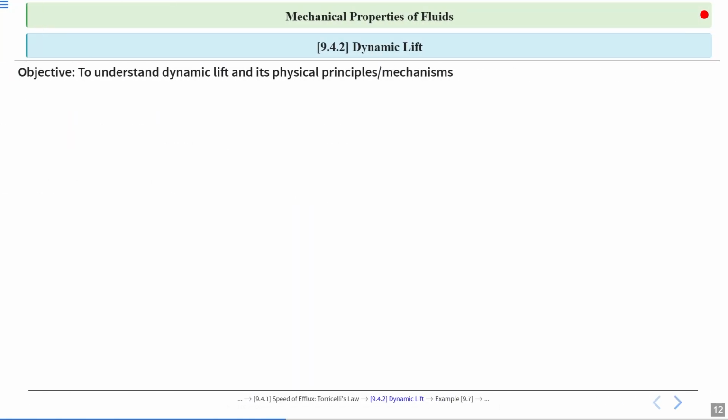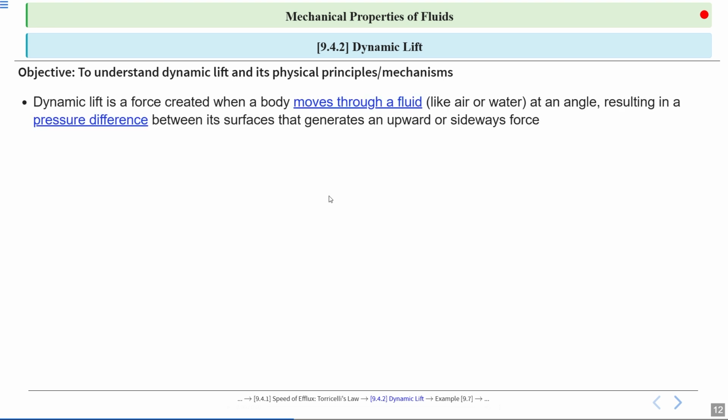Now we will understand what dynamic lift is and the physical principles behind it. Dynamic lift is a key concept in the mechanical properties of fluids, specifically when objects move through air or water. So now let's examine what dynamic lift actually means.